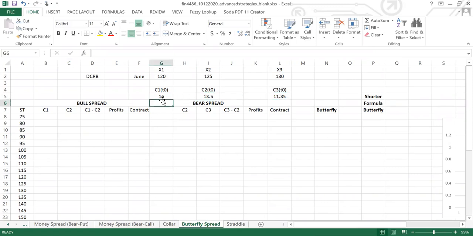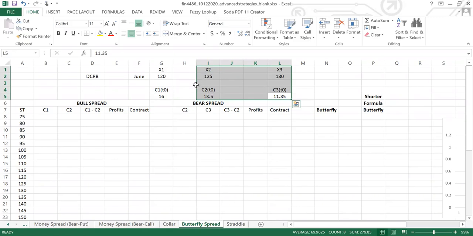X1, X2, and X3. To form the butterfly spread, we will form a bull spread with the call options that have strikes X1 and X2. And then we will build a bear spread with the call options that have strikes X2 and X3.